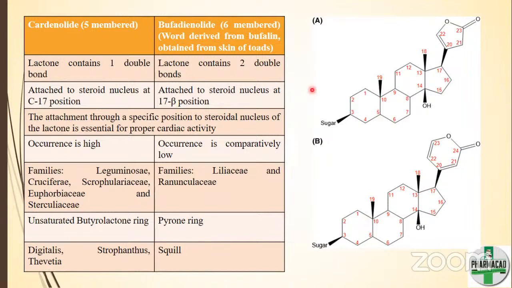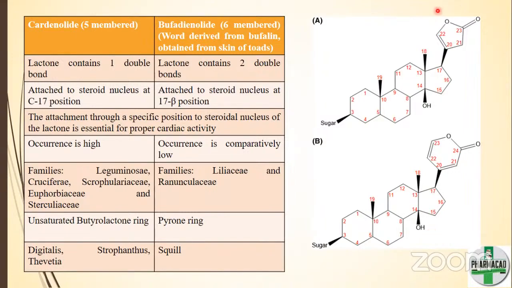Cardenolide occurrence is high. This is the structure A, cardenolide, and this is structure B, bufadienolide. Occurrence of cardenolide is high because majority of the plants contain it, whereas bufadienolide is comparatively low. Cardenolide is found in families such as Leguminosae, Apocynaceae, Cruciferae, Euphorbiaceae, etc., whereas bufadienolide is found in only two families, Liliaceae and Ranunculaceae.